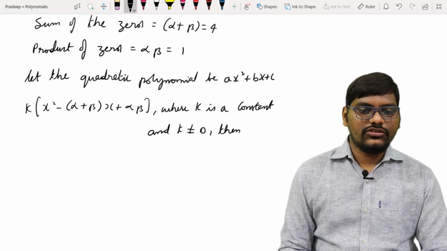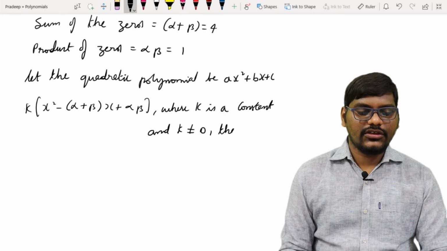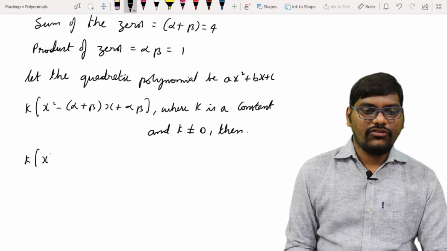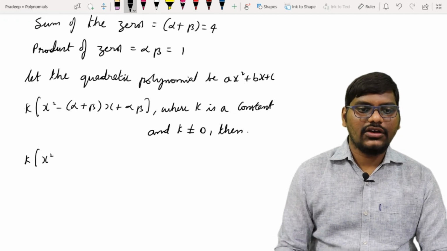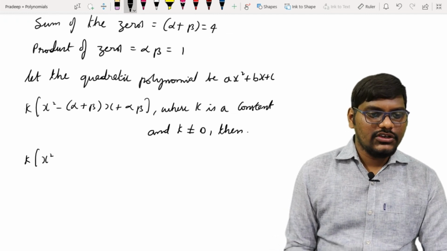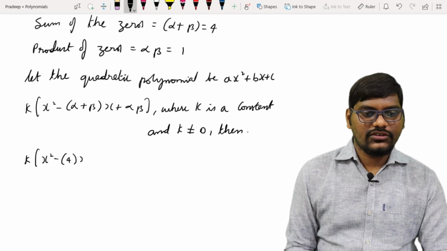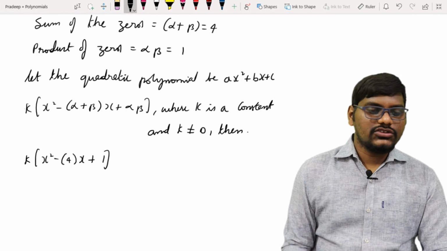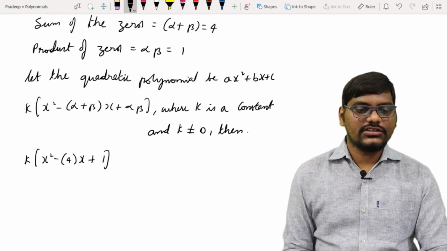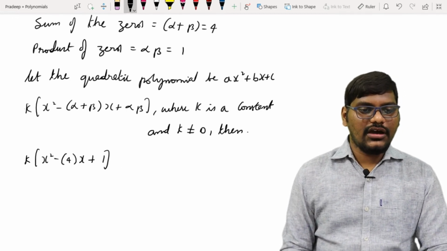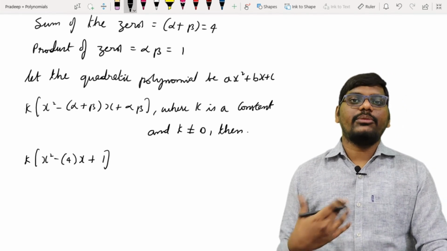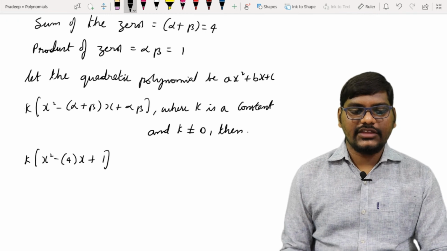Then we can write this as k into x square minus 4x plus 1, as the sum is 4 and the product is 1. We'll just further solve this. Here, as there is no denominator, we can take k as 1.